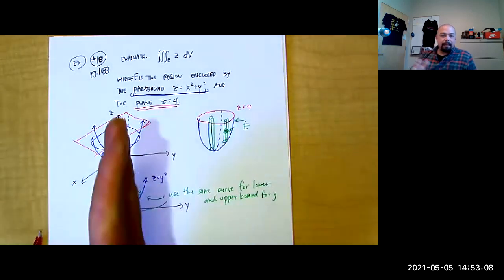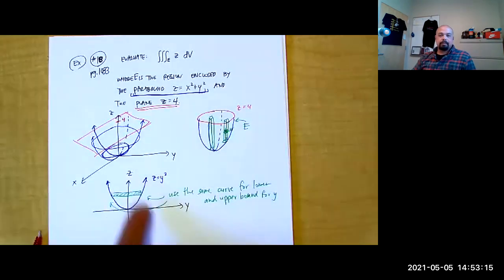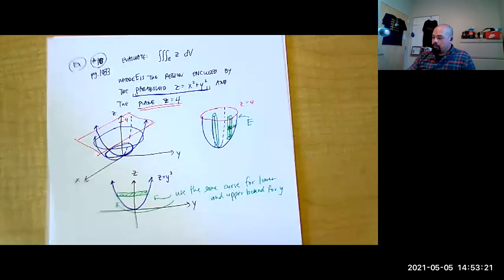That would be an issue. We'd have to separate and think about, okay, what can I use for this side? What can I use for the other side? And the same thing goes if I had that zx plane.